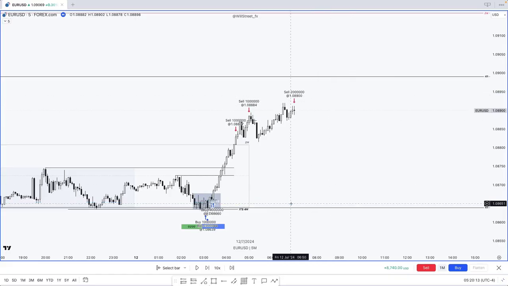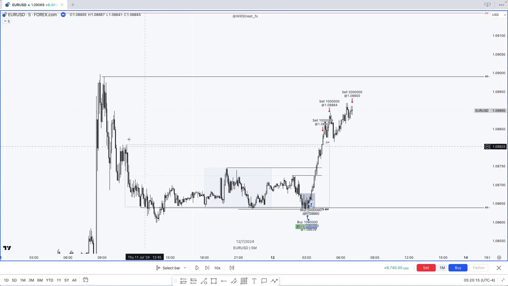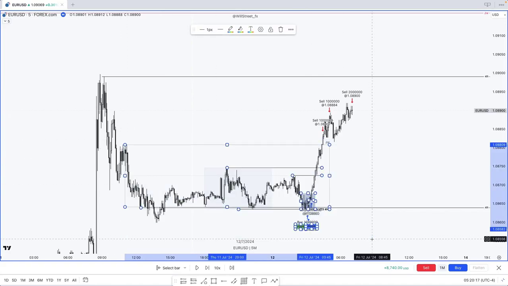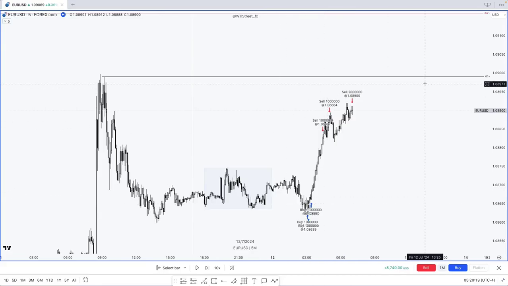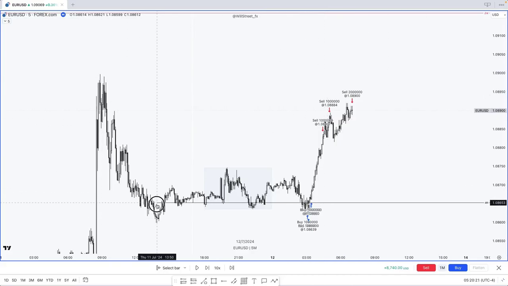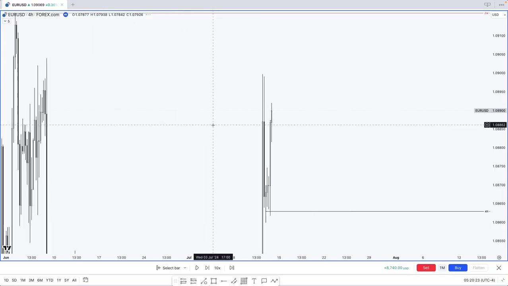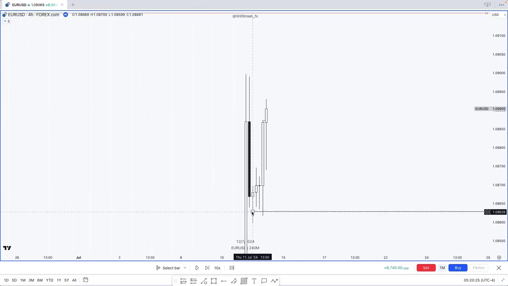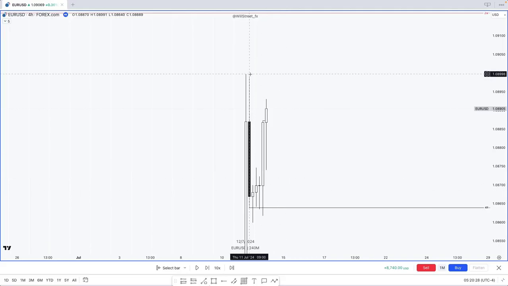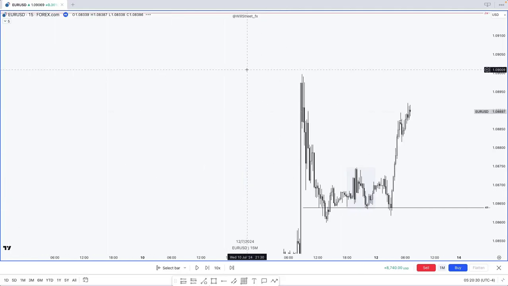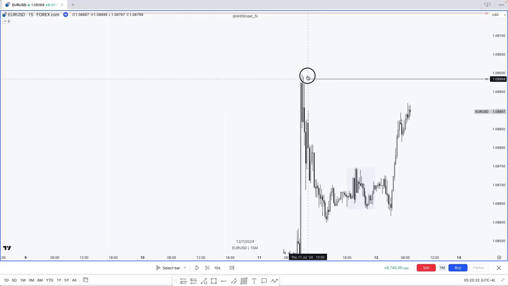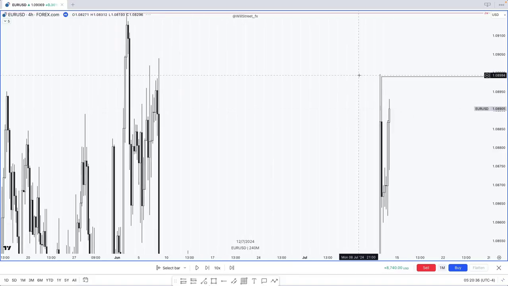Well, we can close full position now. But remember, these are the 4-hour. Here is our down liquidity. Yes.